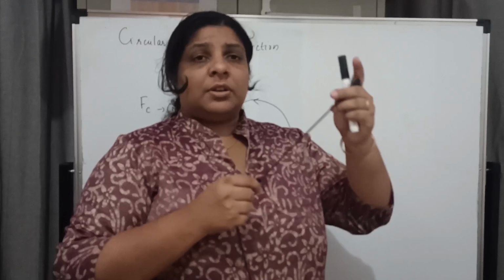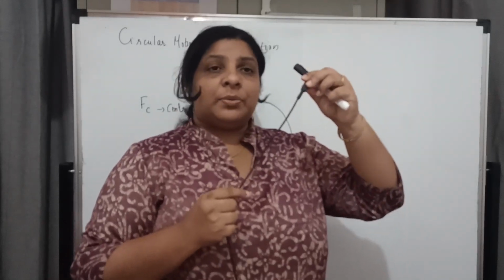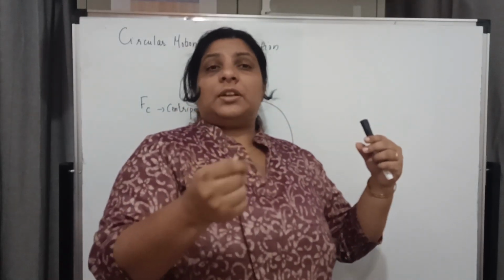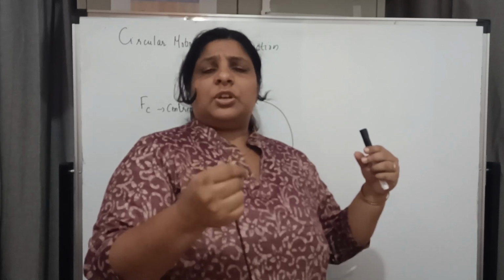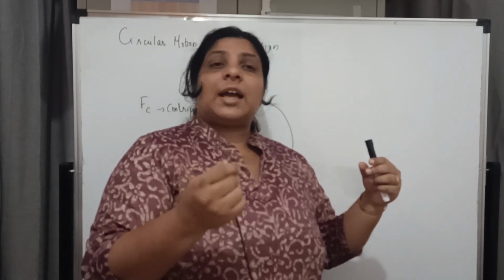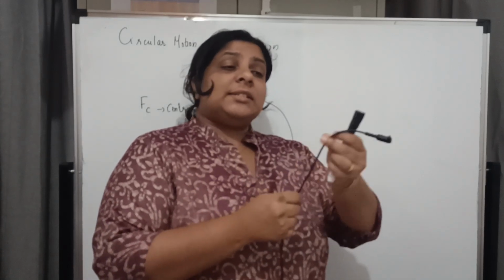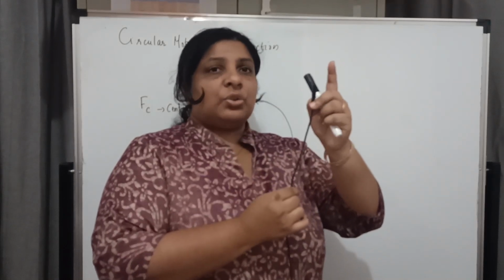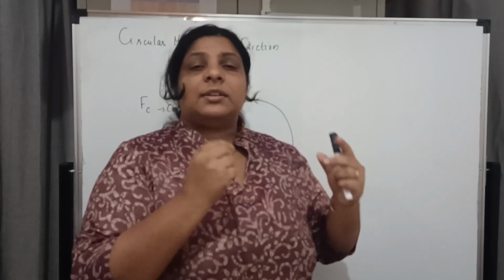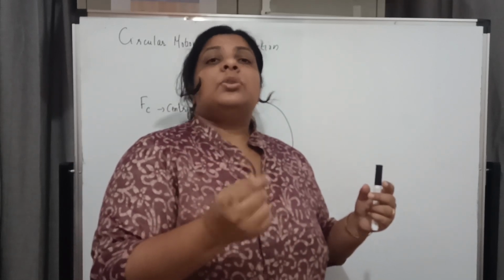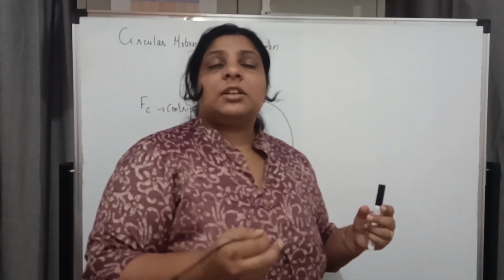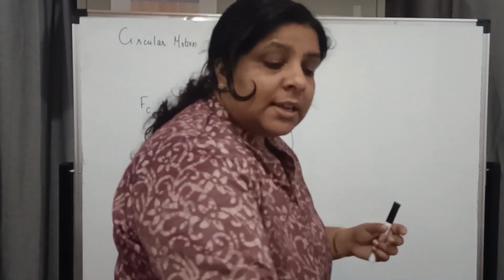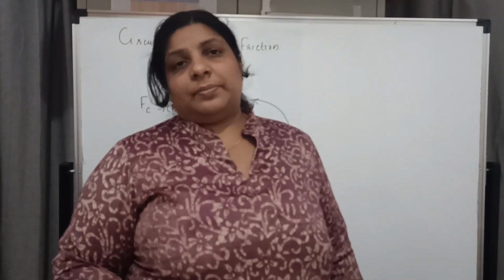A stone tied to a string is moving in a circular path. This is circular motion. Here the centripetal force is provided by the tension in the string. The stone is attached to the string and is rotated due to centripetal force, and that centripetal force is provided by the tension in that string.